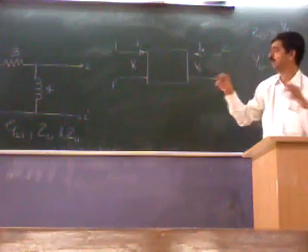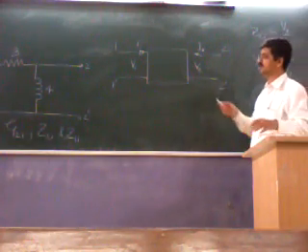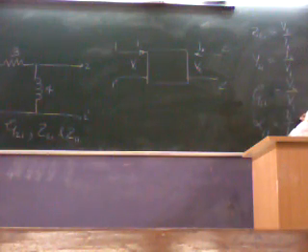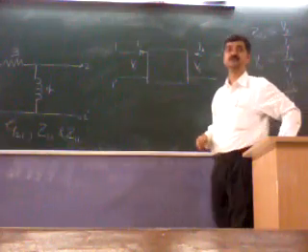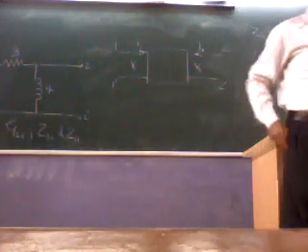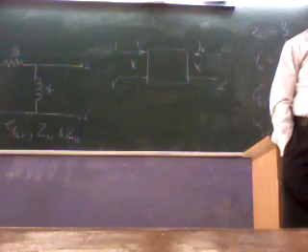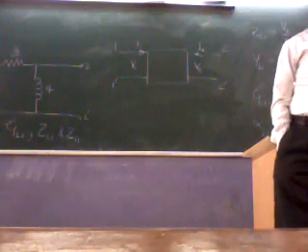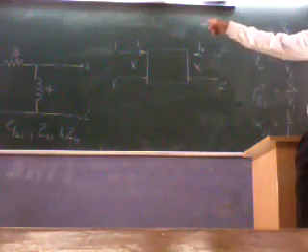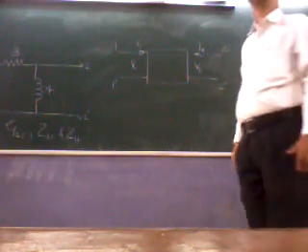Now, G21 and Z21 have been asked, but alpha 21 and Y21 are not asked. What is the reason?